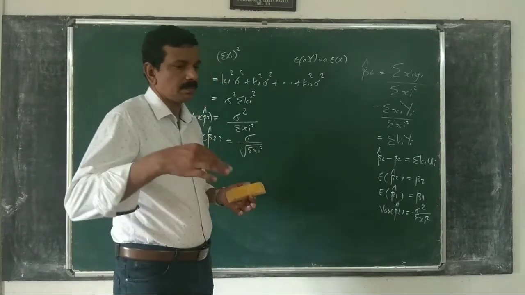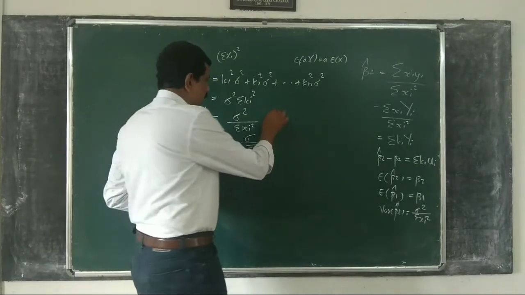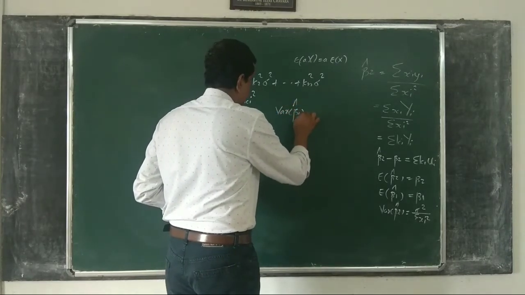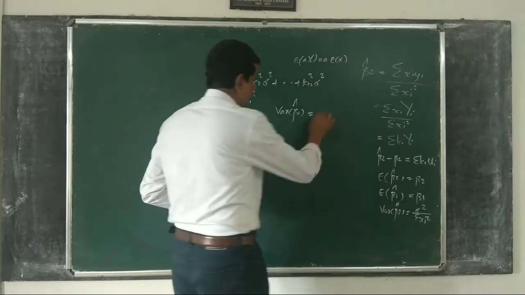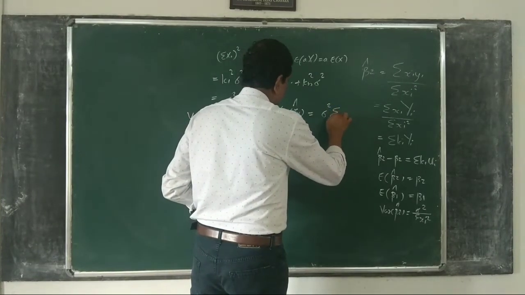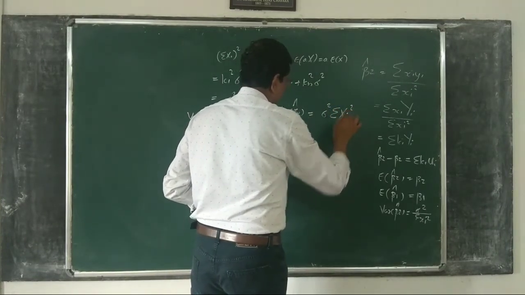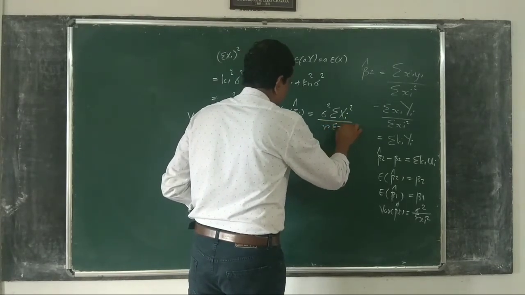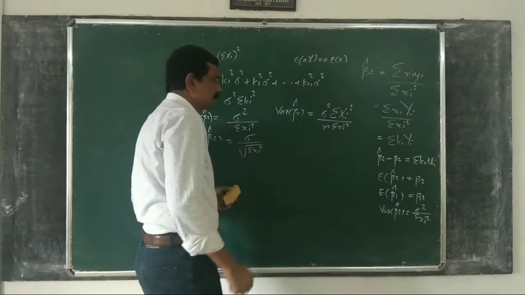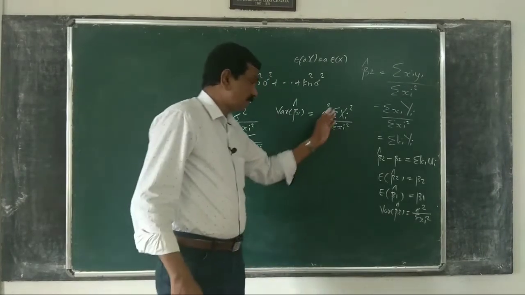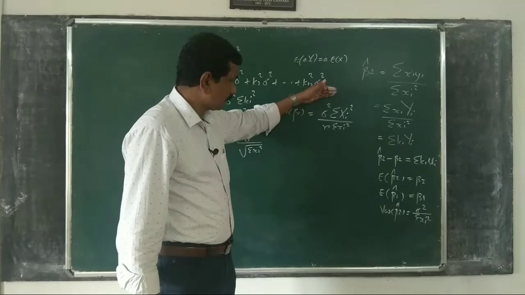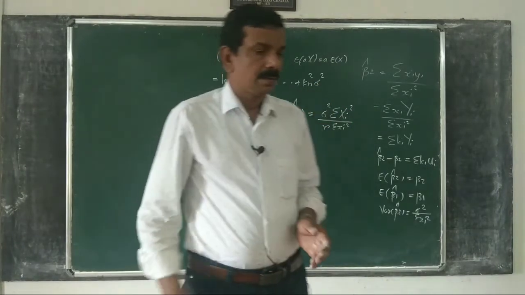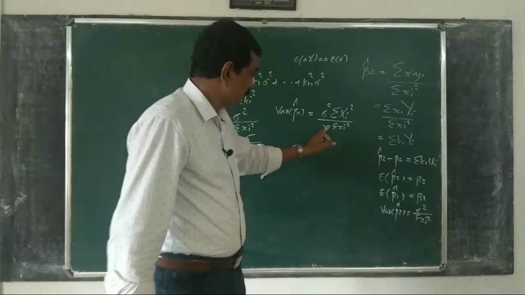Similarly, without a proof, we can show that the variance of beta 1 hat is equal to sigma square into sum of Xi square divided by n into sum of xi square.